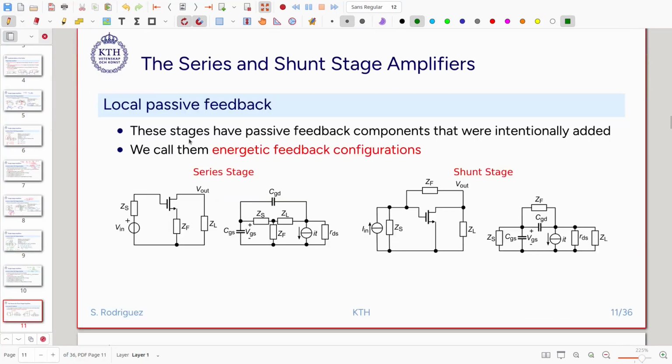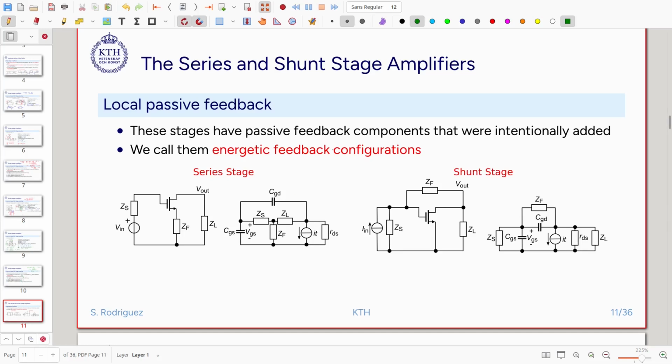Okay, so we have studied the common source stage, the common drain stage or voltage buffer, and the common gate stage or current buffer. There are other single stage amplifiers that are also interesting for us.